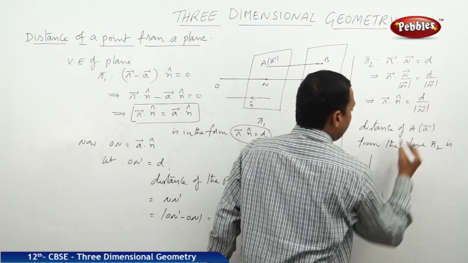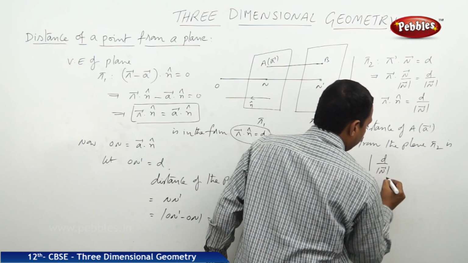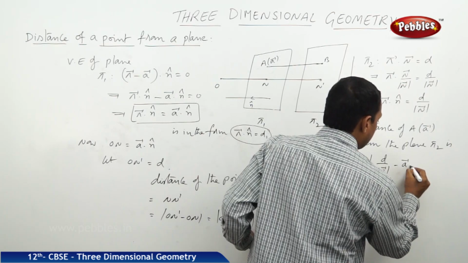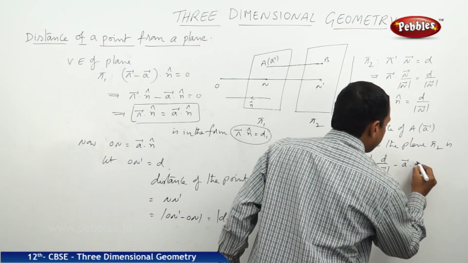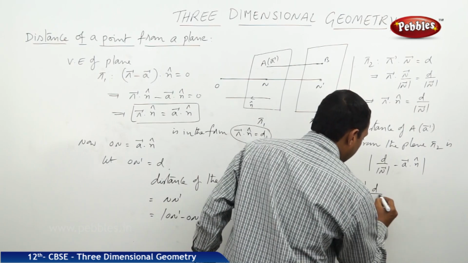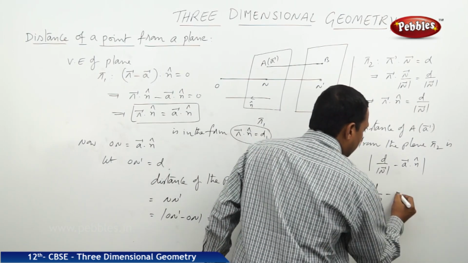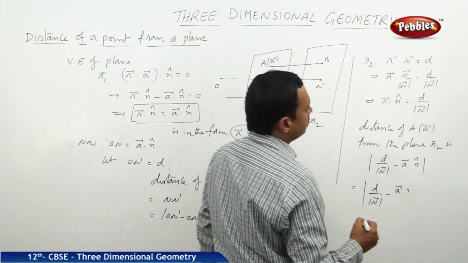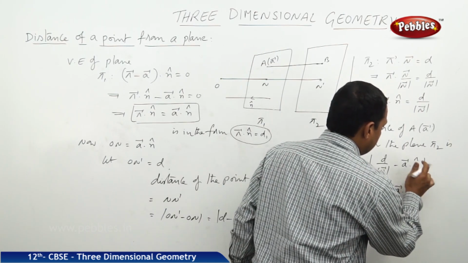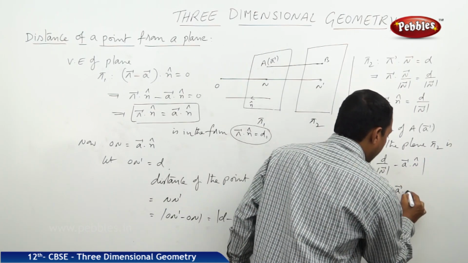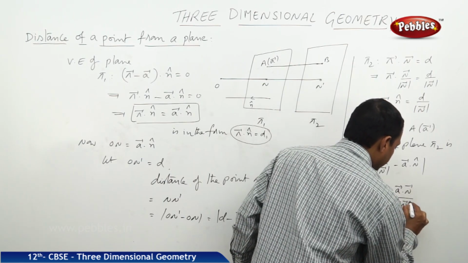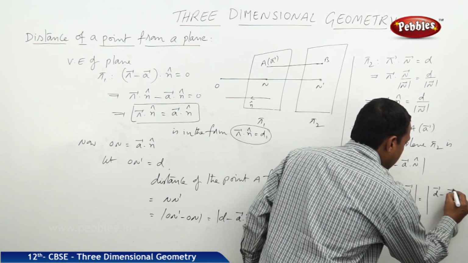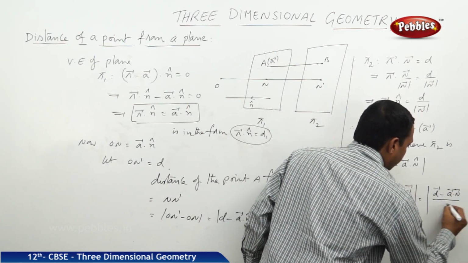Here it is d by modulus of n bar minus A bar dot n cap, where n cap is equal to n bar by modulus of n. Therefore finally it is d minus A dot n bar by mod n.